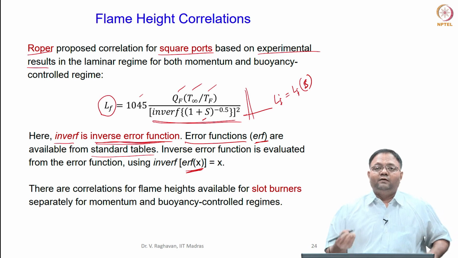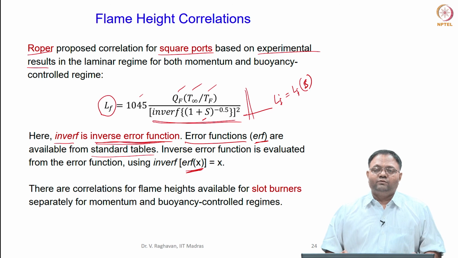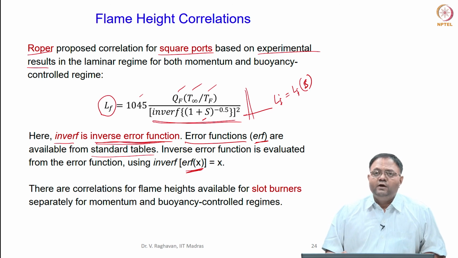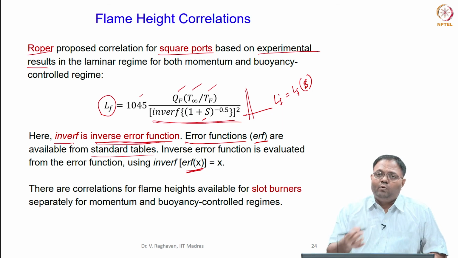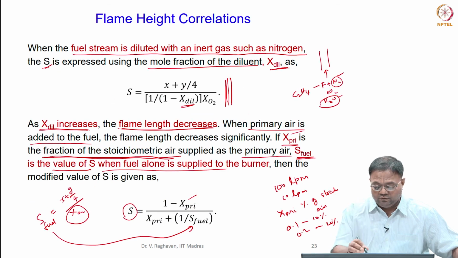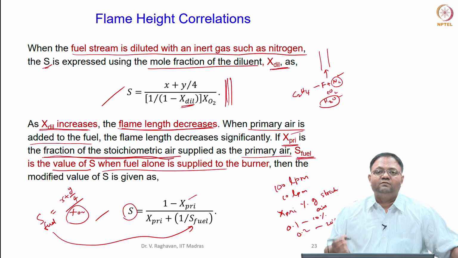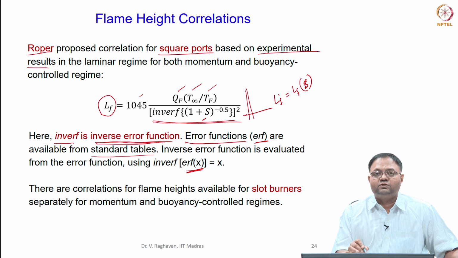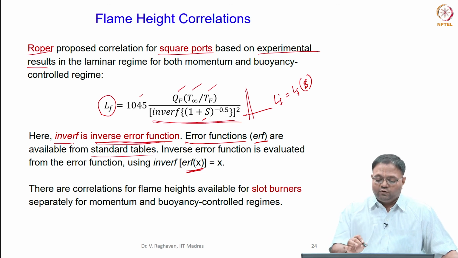Again, S for a normal oxidizer is calculated using x plus y by 4 divided by the mole fraction of oxidizer. If you have diluents, you have to modify that. So the calculation procedure for S is the same, but the way S is used in the function is different for the square ports.